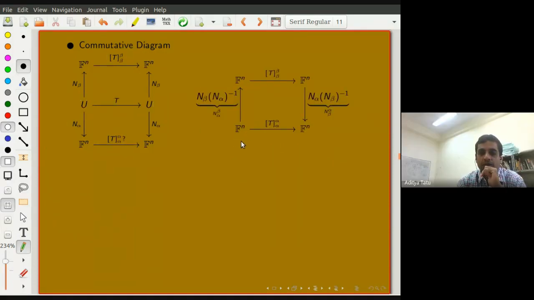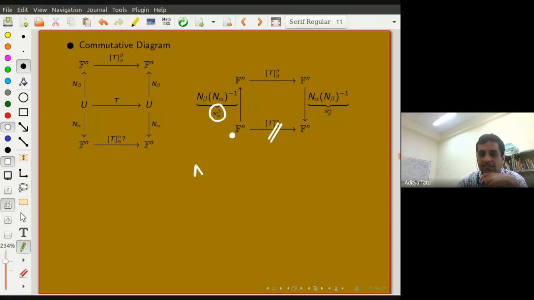Okay, so what I can do is again the same story. This route is closed. I'm going to begin here using this composition, N beta composed with N alpha inverse. This thing I'm going to denote by a simpler notation, N subscript alpha, superscript beta.